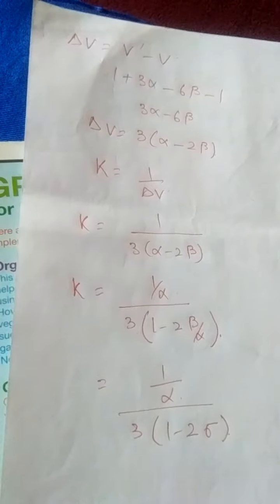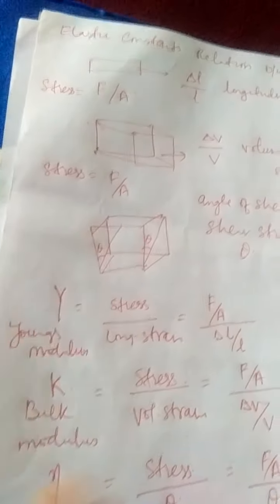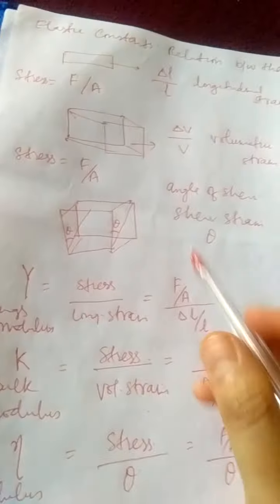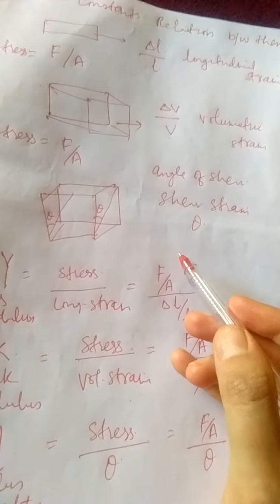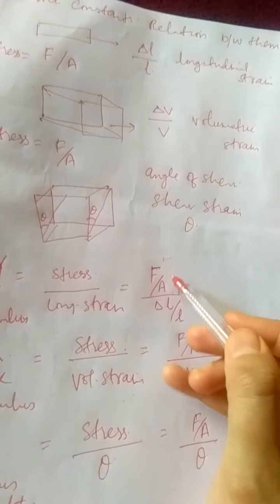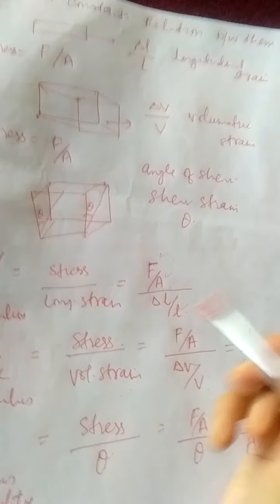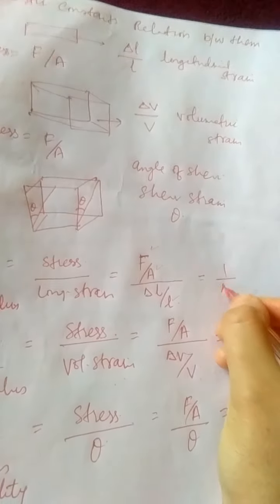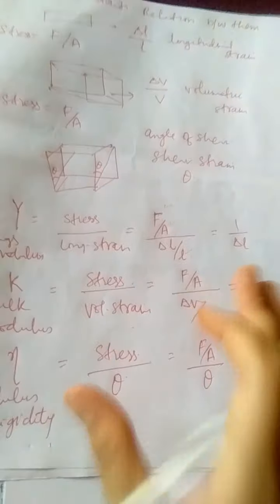Now let us go back to the definitions with which we had started. What is this Young's modulus? Again, if we go by the definition, what we have done in this is that force is of unit magnitude, area is again unity, length is again unity. So this is basically 1 by delta L, right?